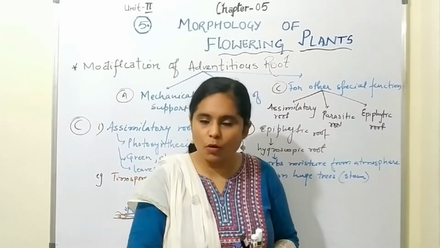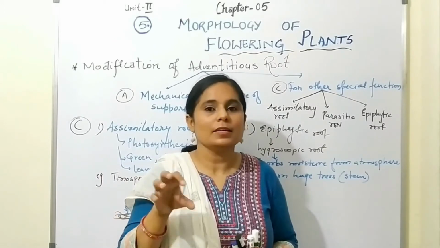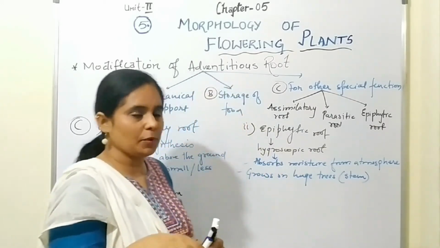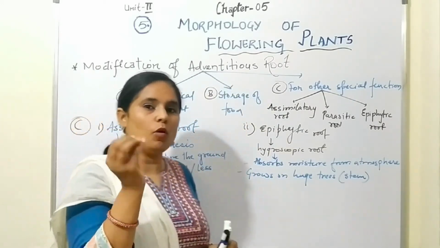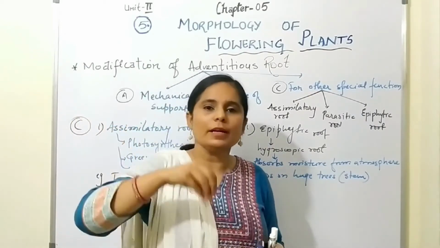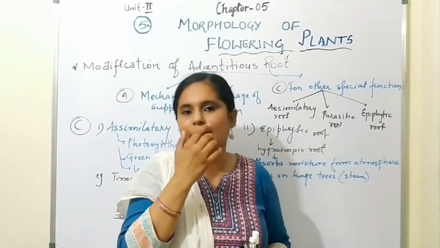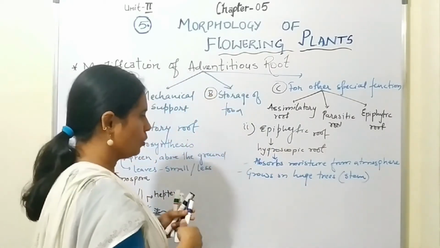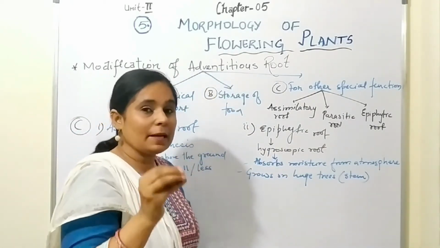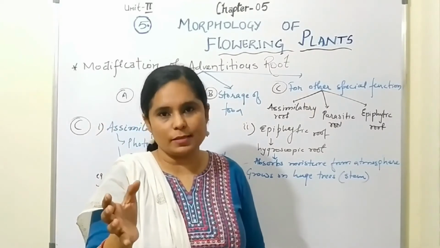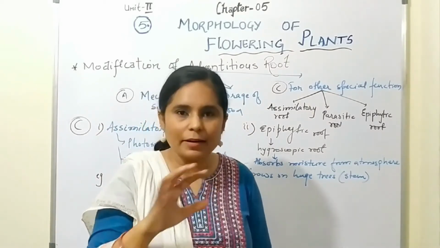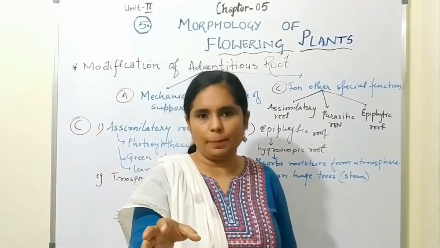If they grow on the surface, they will not get enough sunlight to grow. So for that purpose, these plants grow on huge trees so that they get some or a little amount of sunlight for photosynthesis. So these epiphytic plants grow on huge trees, but they never take up any kind of nutrition from the plant.